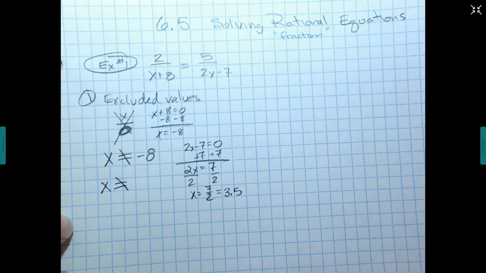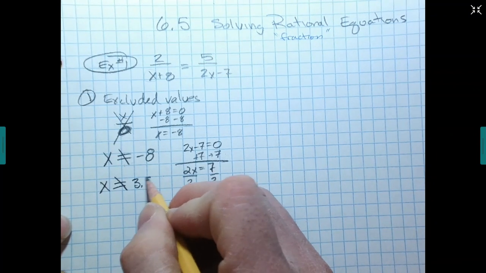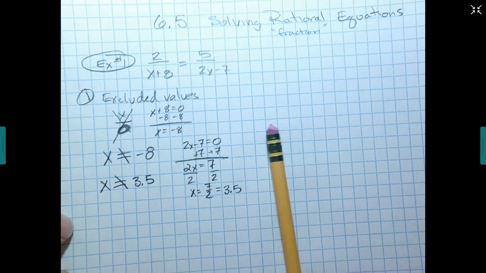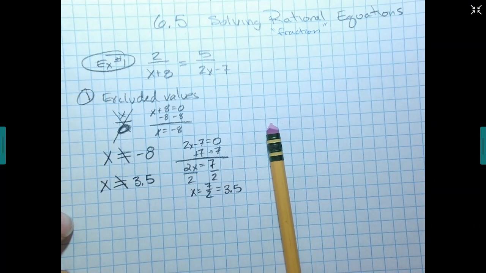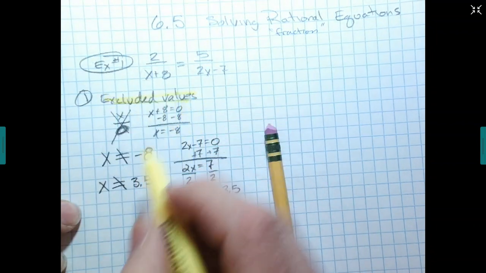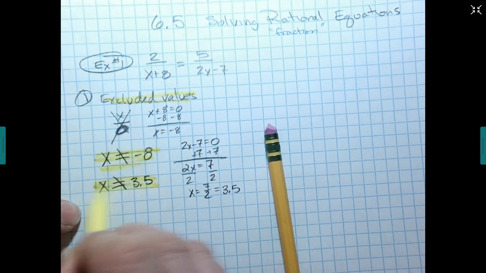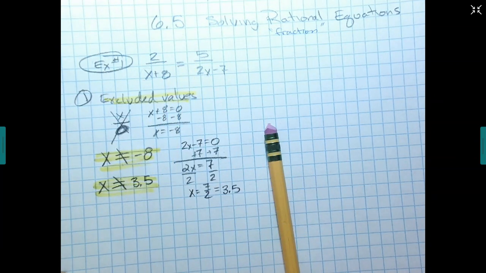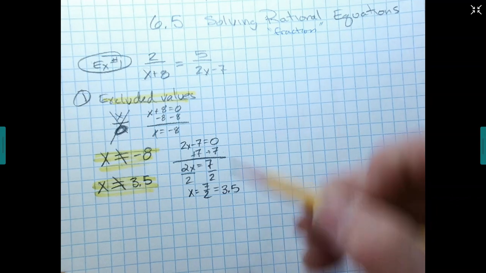So my other excluded value is x cannot equal 3.5. That's part of what we're doing today. This is just excluded values. So for this problem, x cannot equal negative 8 and x cannot equal 3.5.